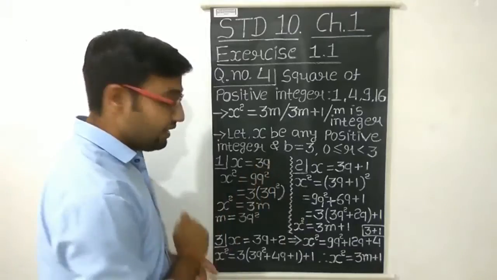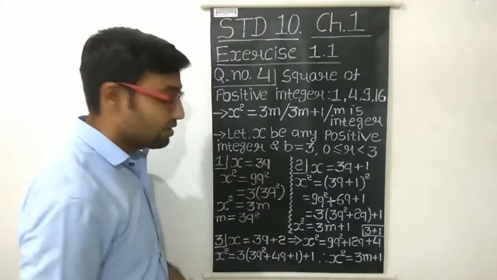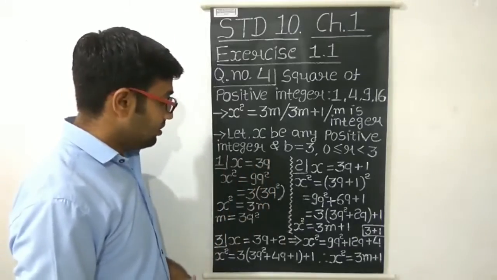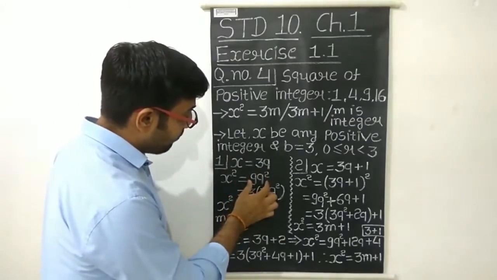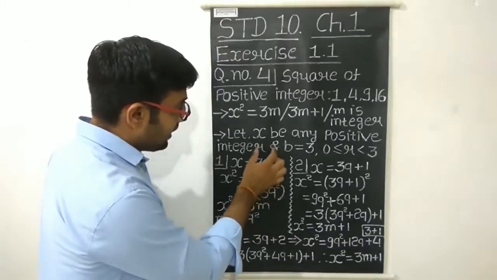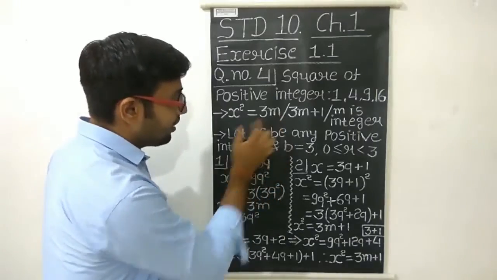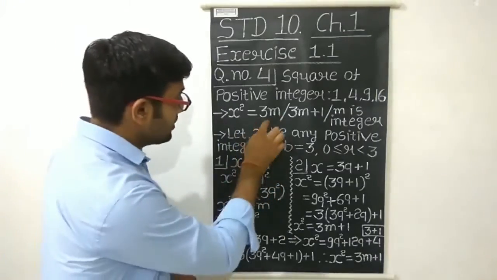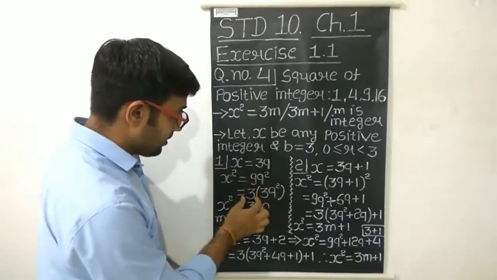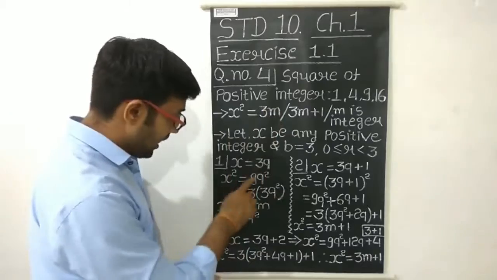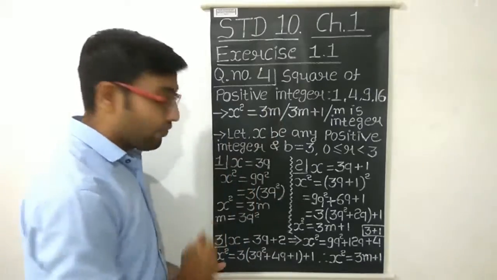So 3 square is 9 and q square remains q square. Notice that the square of this is in the form 9q square. Can we form it in the 3m form? Can we take one factor from this as 3? Yes, because 3 is a factor of 9.